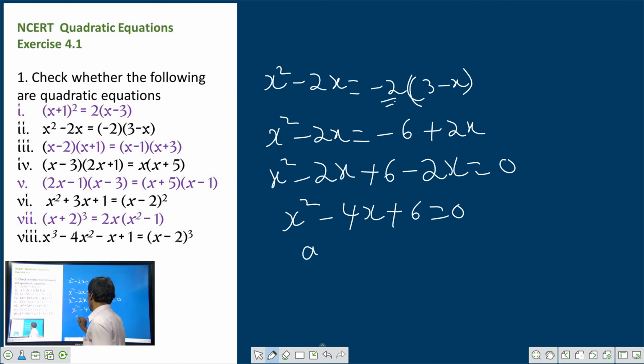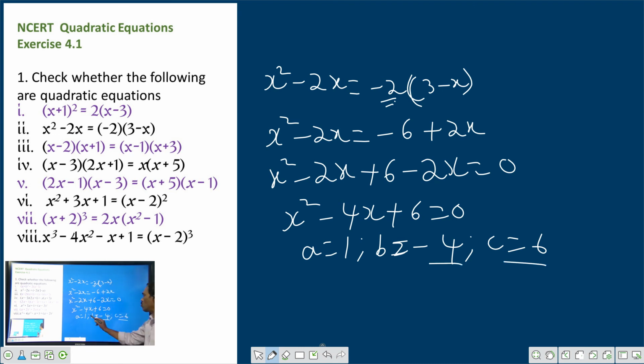So a is equal to 1, b is equal to minus 4, c is equal to 6. x square, and like terms minus 2x and minus 2x come to minus 4x. Only plus 6 is there, and only one x square term, so this is the form.